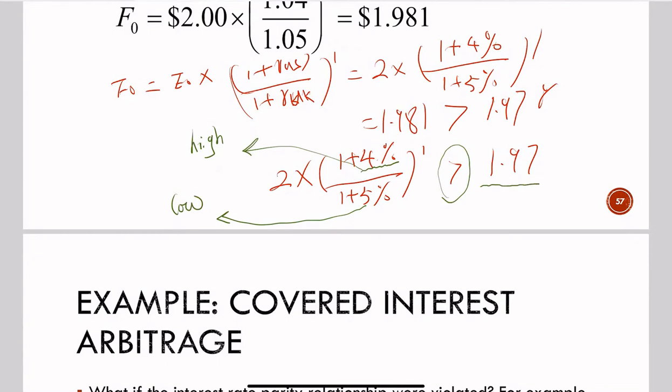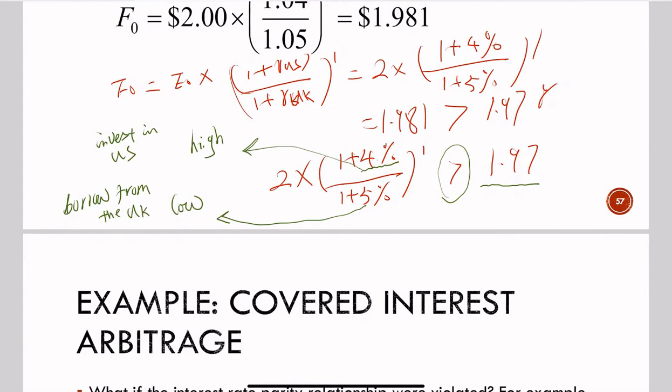Now, how do you do this arbitrage? Well, it basically means that if the US interest rate is high, then you should invest in the US, right? And if you want to do an arbitrage, then you should borrow money from the UK, right?